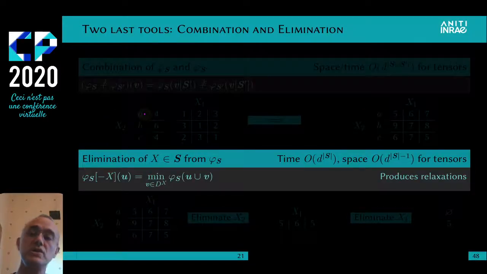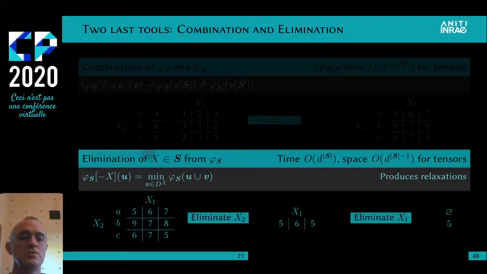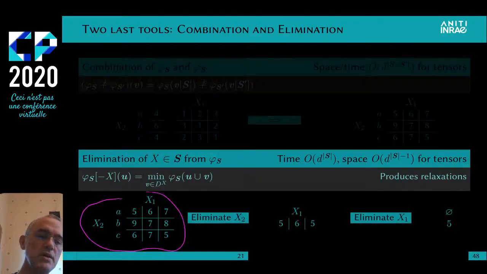The second operation is also expensive in time and space. There are always exponentials in the scopes. It simply takes into account the fact that we are optimizing, and it tries to get rid of a variable in the scope of a function, assuming that it will be assigned its optimal value for this function. So imagine that we have a function of two variables, x1 and x2.